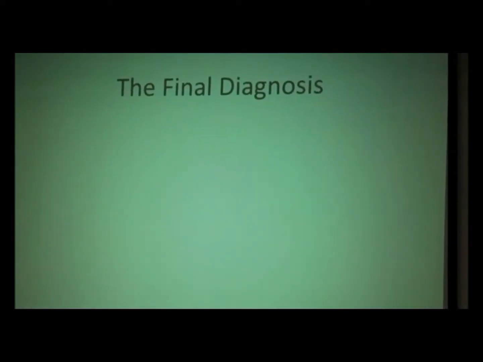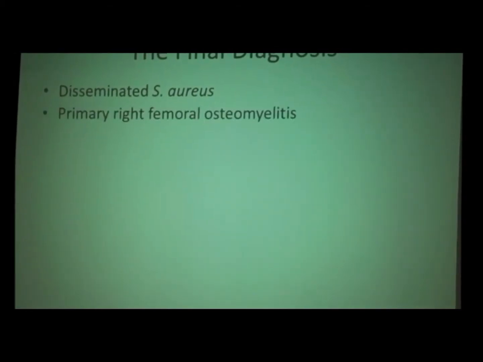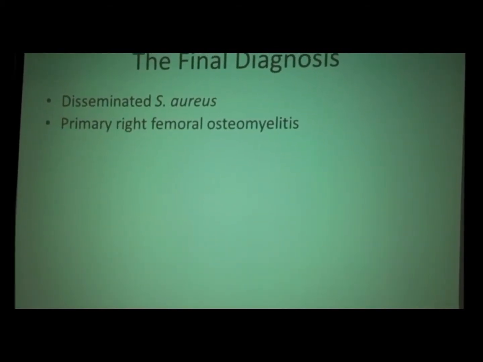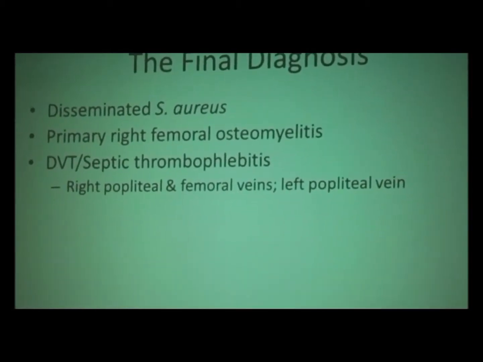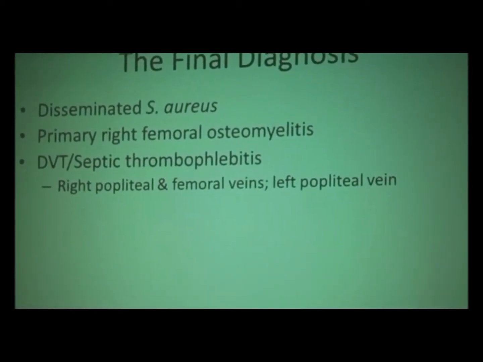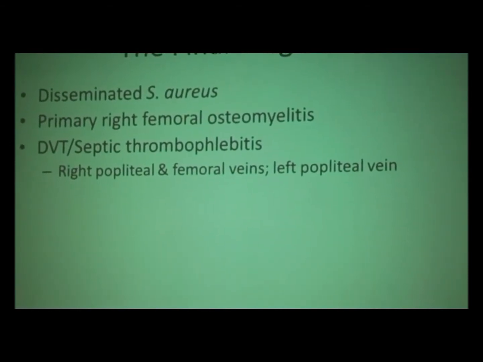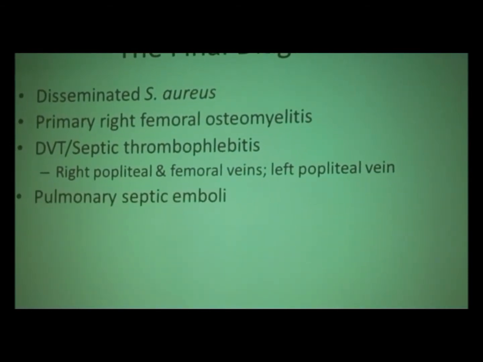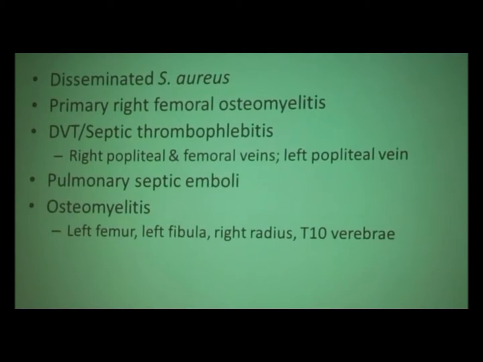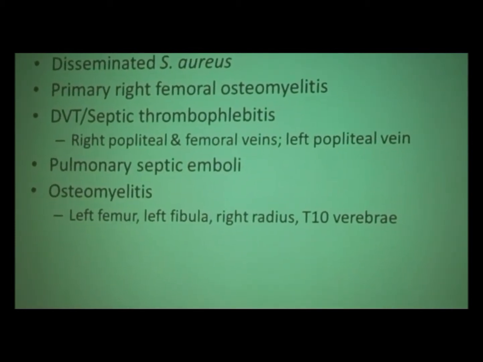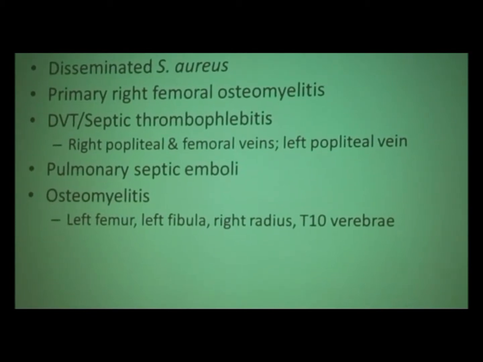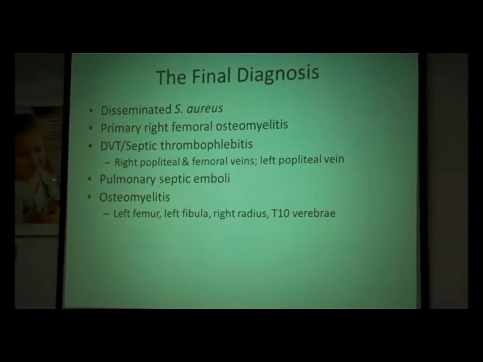So the final diagnosis is disseminated Staph aureus. We were presuming this was a primary right femoral osteomyelitis with septic thrombophlebitis and DVTs of the right popliteal and femoral veins, and then the left popliteal vein as well. He had pulmonary septic emboli. Osteomyelitis, in addition to the right femur, the left fibula, the right radius, and the T10 vertebral body were also involved.